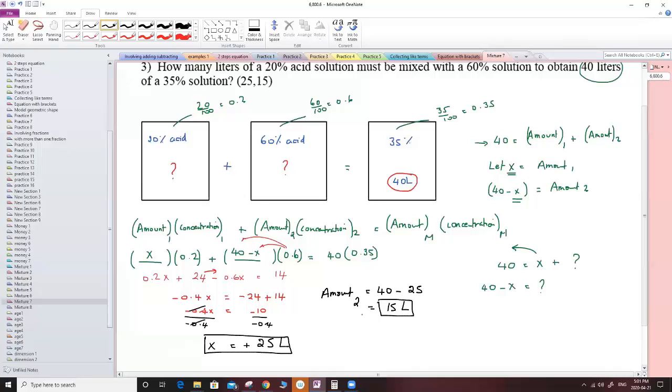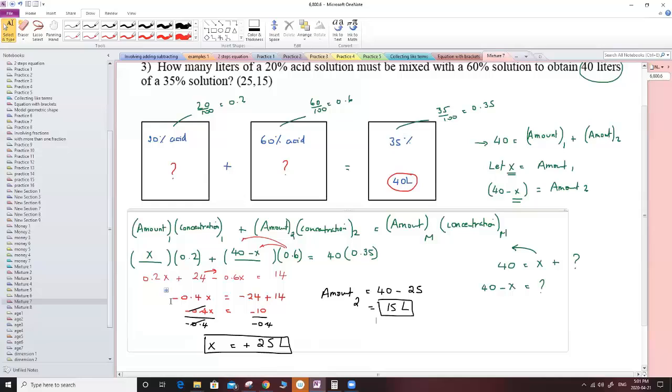And it's very logical: here low percentage of acid, 20, and here high percentage of acid, and I need a mixture of 35. That means I have to use a little bit less of the 60 but more of the 20 to keep the balance. So 25 liters of 20% and only 15 of the 60% will give me the 40 liters. So 25 and 15 equal the 40.